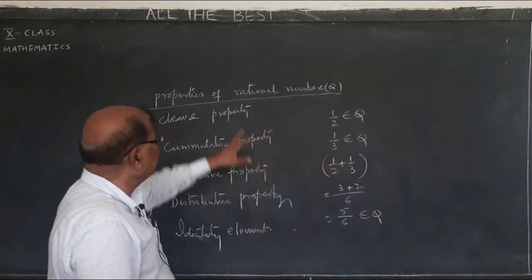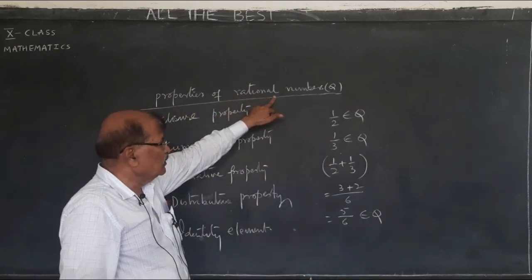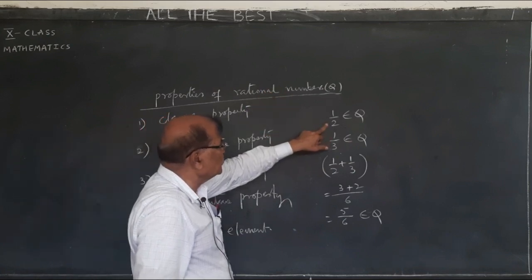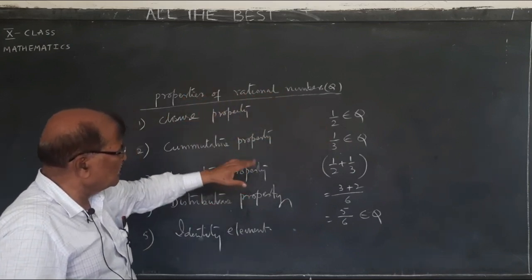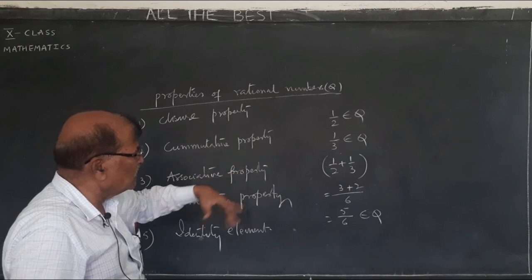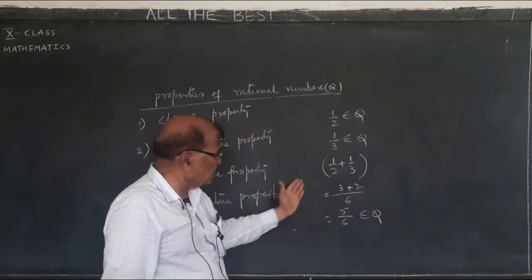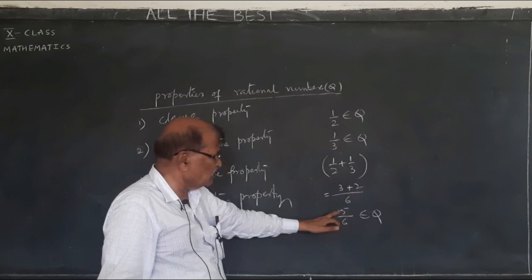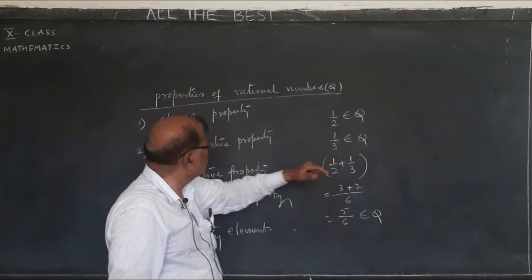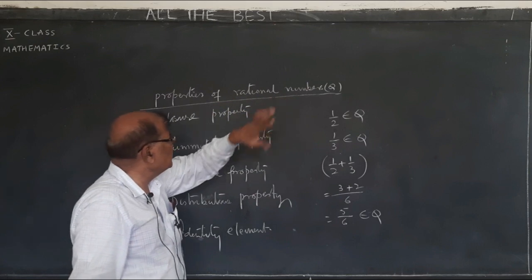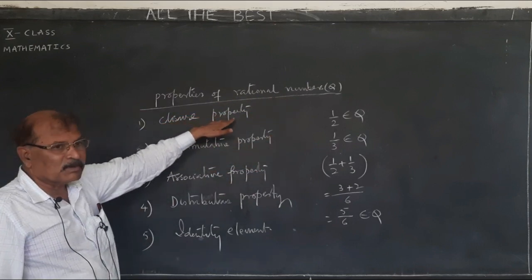So if you take any rational number which is in the form of P by Q, if two rational numbers or more than two rational numbers or any number of rational numbers are added, the resultant number is also a rational number. So this property holds good in rational numbers. That property is named as closure property.